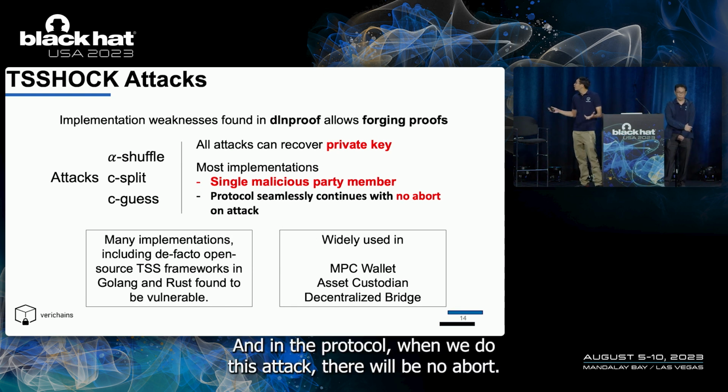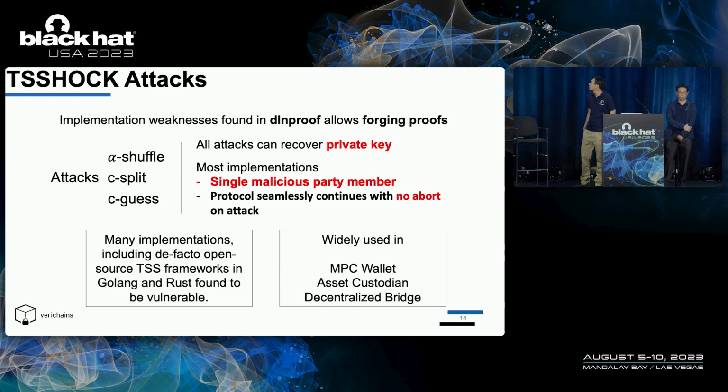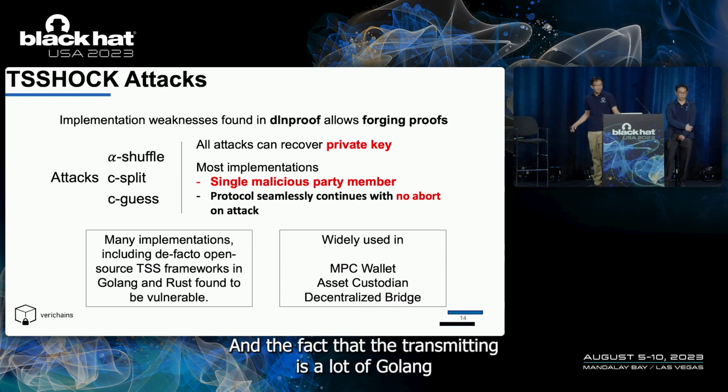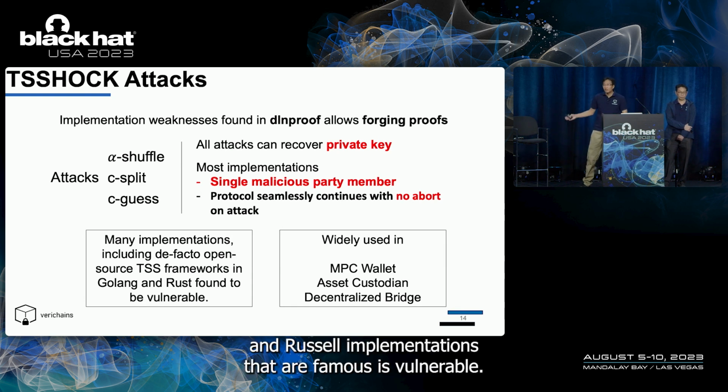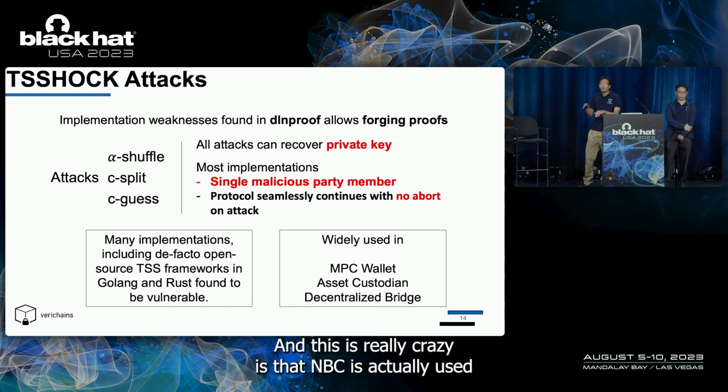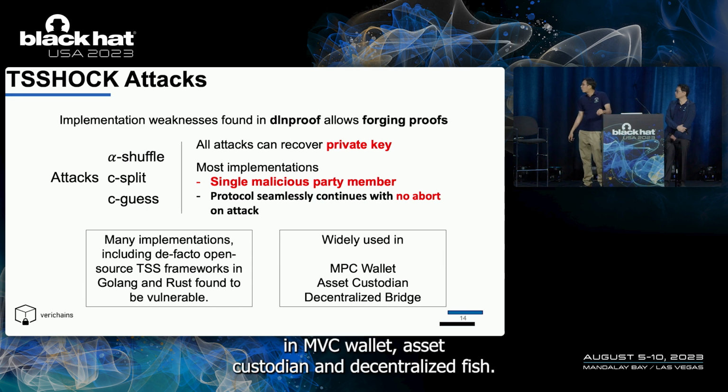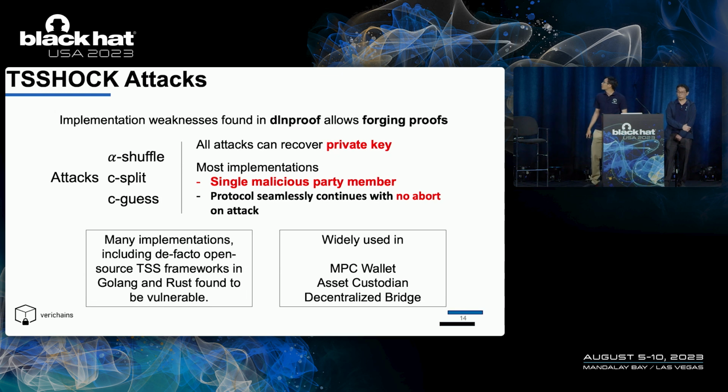And when we do this attack, there will be no abort. And the fancy thing is a lot of famous Golang and Rust implementations are vulnerable. And this is really crazy, because MPC is actually used in MPC wallets, asset custodians, and decentralized bridges. So we will go through each attack.